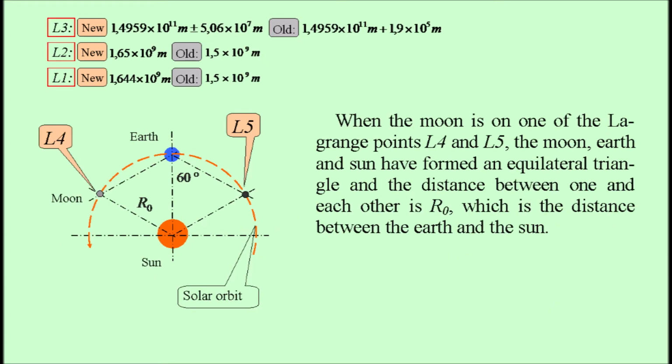When the Moon is on one of the Lagrange points L4 and L5, the Moon, Earth and Sun have formed an equilateral triangle and the distance between each other is r0, which is the distance between the Earth and the Sun.